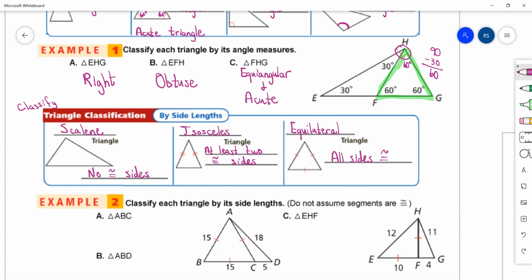Now, an equilateral also has at least two sides congruent, so it's also isosceles. So it's both. It's equilateral and isosceles.